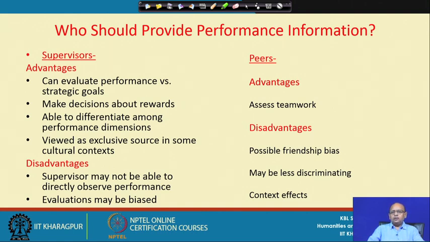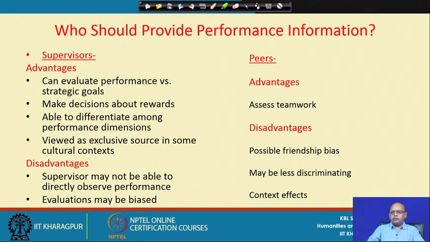So, he would be considered the most important source in collecting data from the employee. The disadvantage is that if he is not able to observe certain things, then he will not be able to provide data, and if he does not like the subordinate, then his evaluation may be biased.